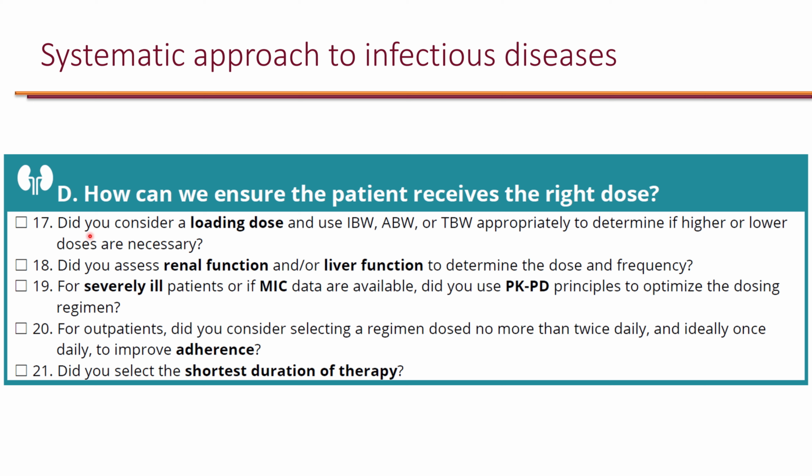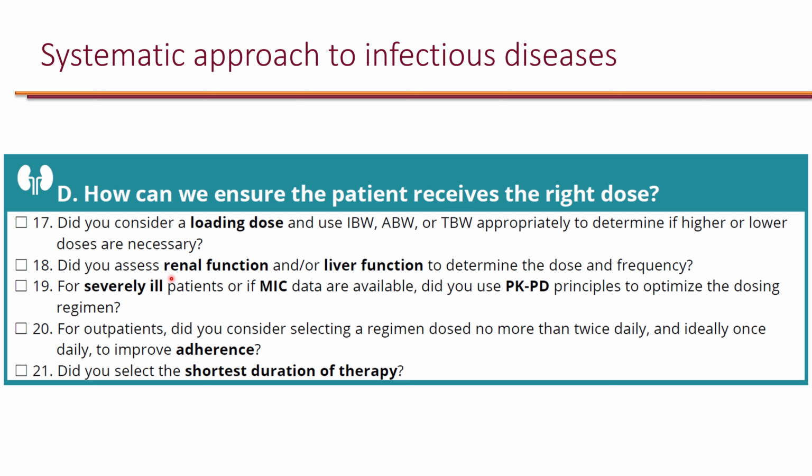In general, you may consider a loading dose, if it applies to the antimicrobial agent, and you want to make sure that you use appropriate body weight. Some agents are dosed based on ideal body weight, sometimes adjusted body weight, and sometimes total body weight. So you want to make sure you are using the correct weight when calculating the dose.